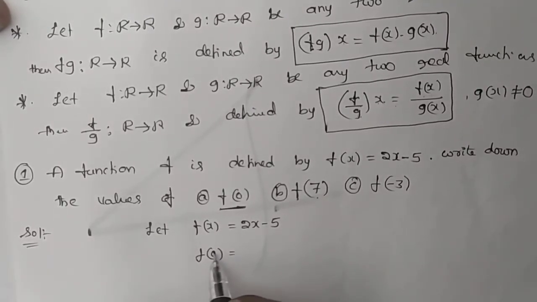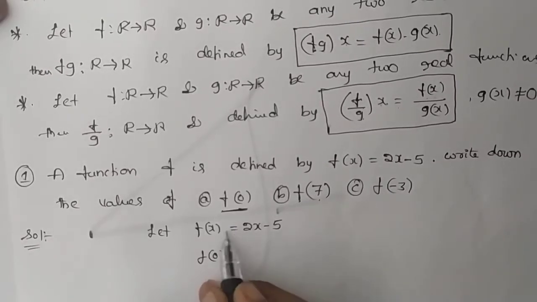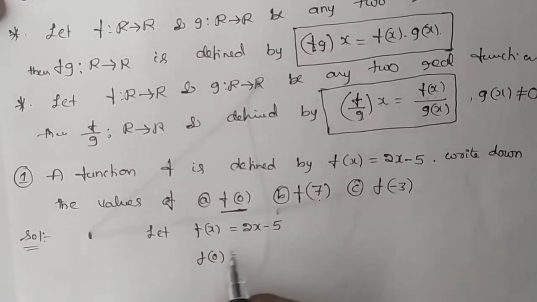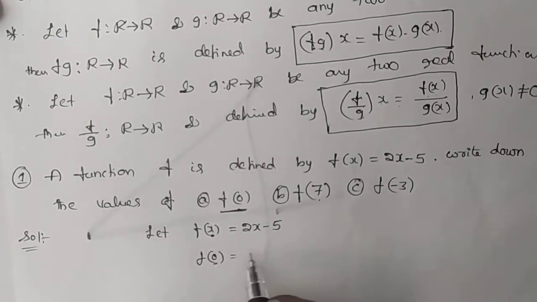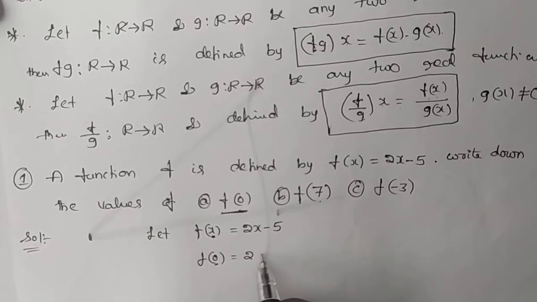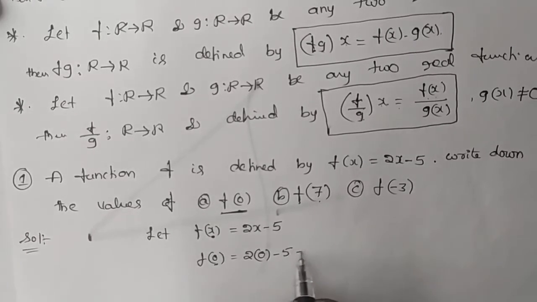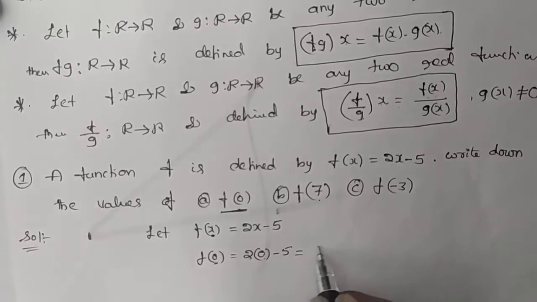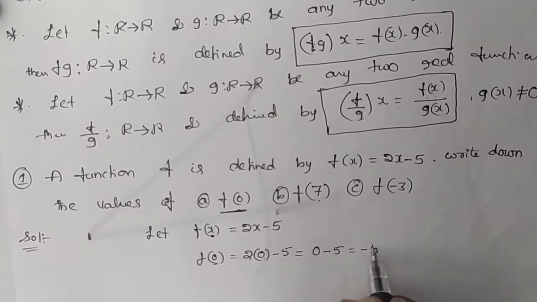Here we have 0. We will get the value for f of 0. Here it is x, here it is 0. Substitute the value 0 wherever x we have. 2 into 0 minus 5. 2 into 0 is 0, minus 5. Therefore 0 minus 5 is minus 5.